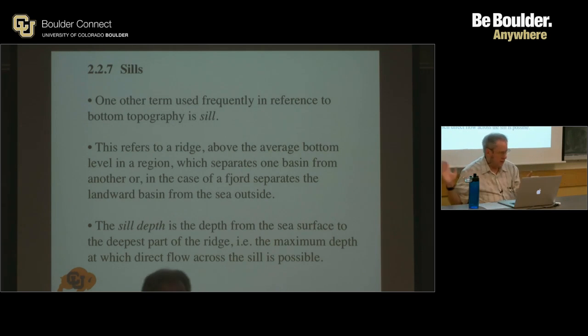It's much shallower than the rest of the Mediterranean, and certainly a lot shallower than the Atlantic. So it's the sill depth that is very important for how the basins communicate. We'll talk about that when we get to the Mediterranean.